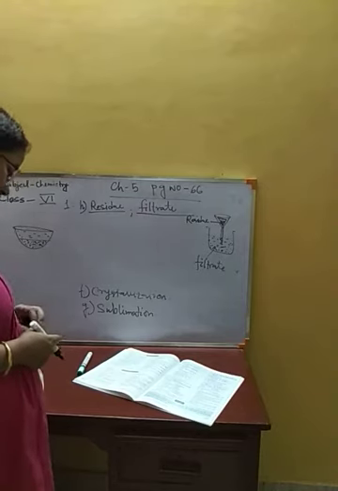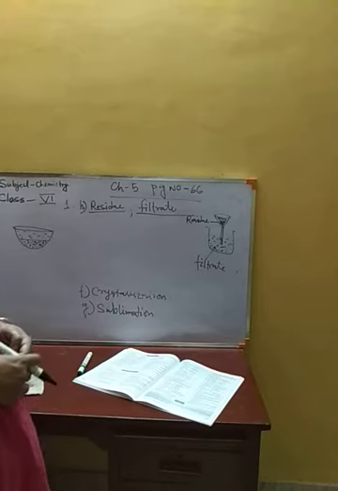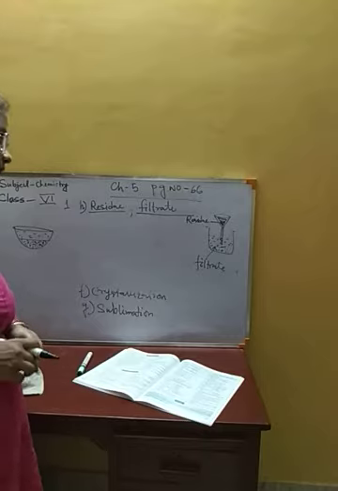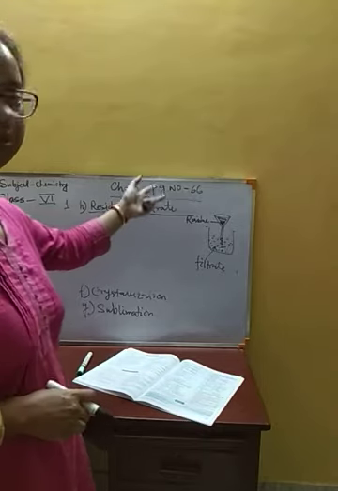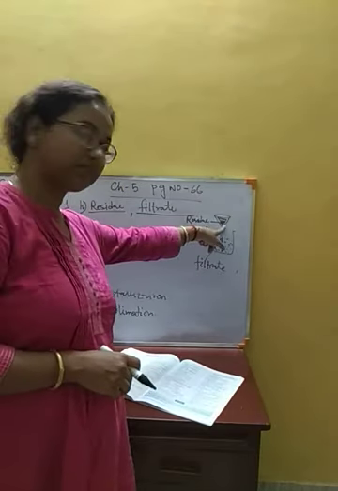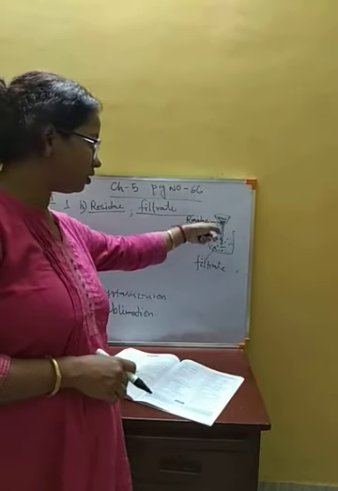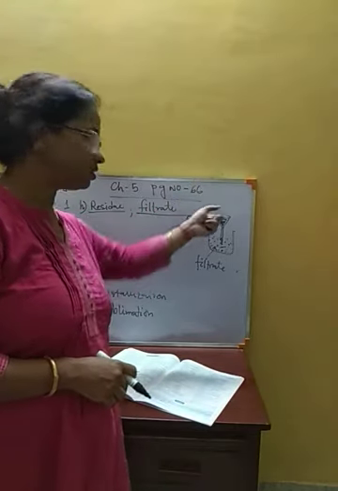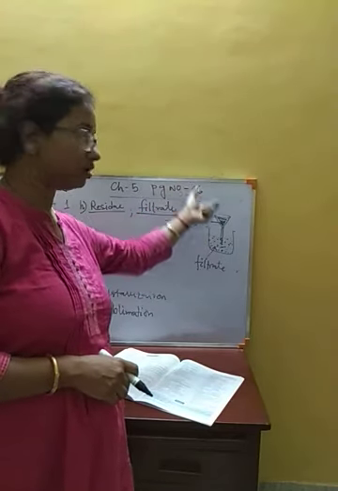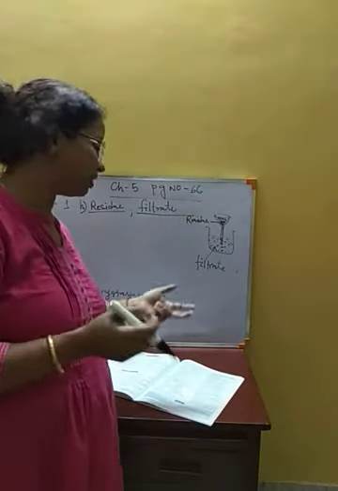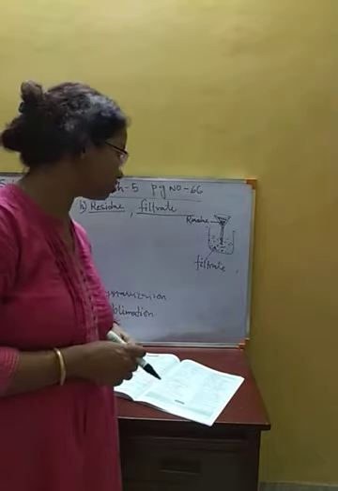So if we use this process to separate, suppose, muddy water, then the particles of clay and mud will be the residue, which can be collected in this filter paper, because the pores of the filter paper are smaller than the size of the particles of clay.